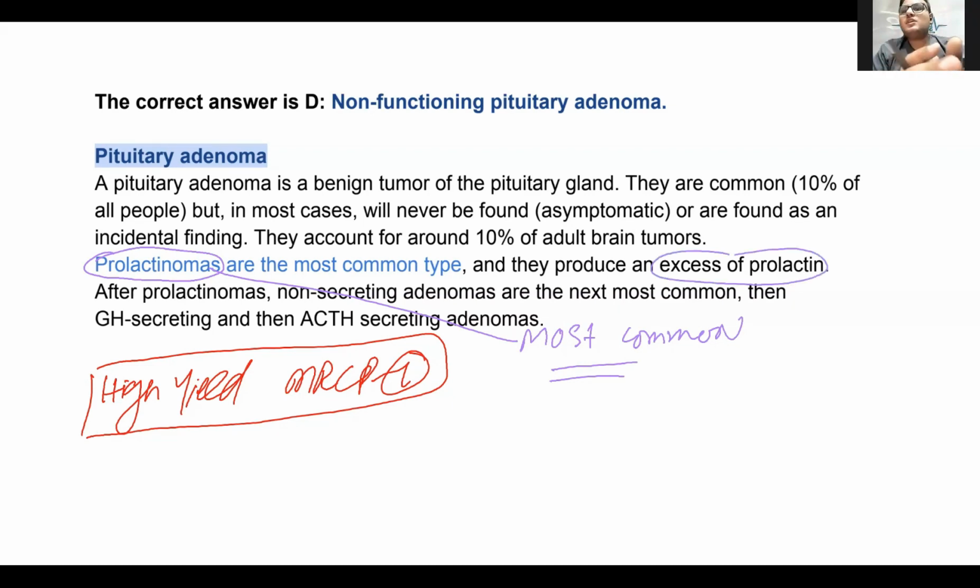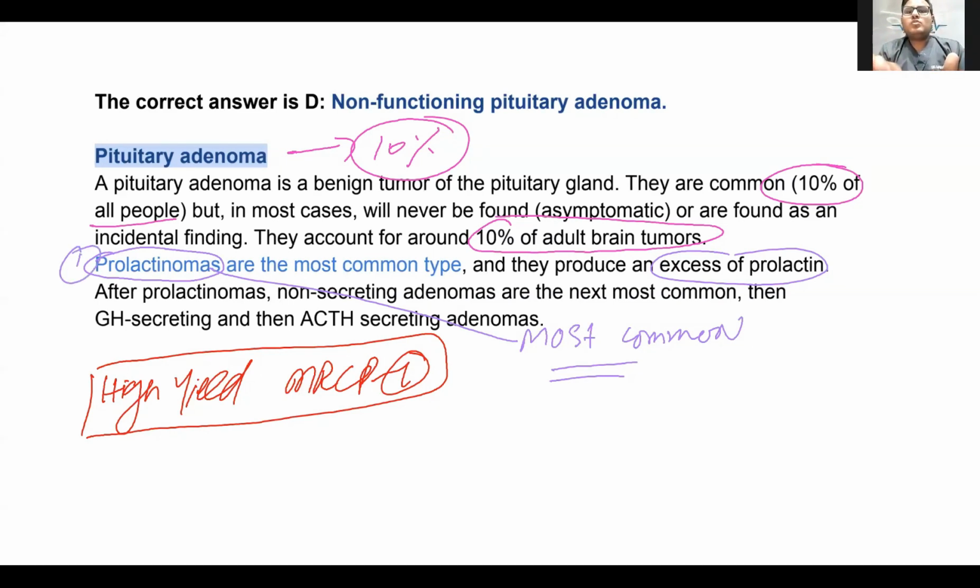So in summary, pituitary adenoma is present in 10% of people, asymptomatic, and it accounts for 10% of adult brain tumors. Remember the 10% for pituitary adenoma. The most common MCQ asked in MRCP part 1 is most common: prolactinoma. It is number 1.